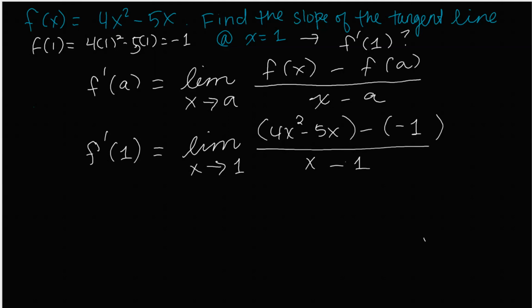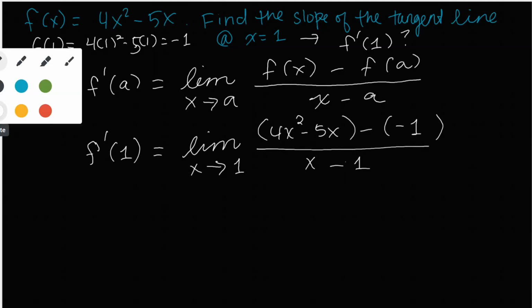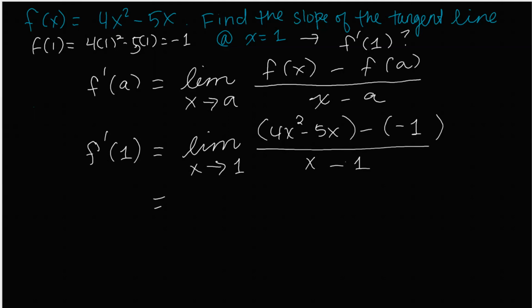Now what you are to do at this point is to get rid of the x minus 1 by factoring, just like how you would try to get rid of the h in the other definition which you have been working with if you were watching my videos.